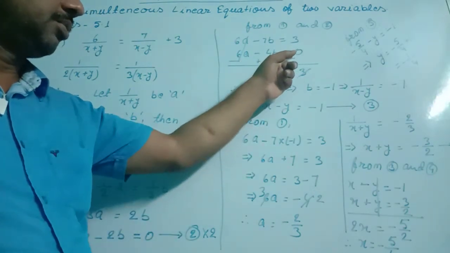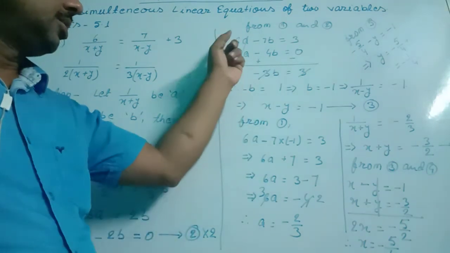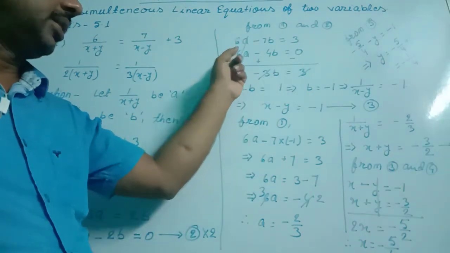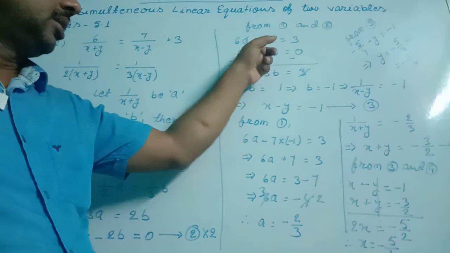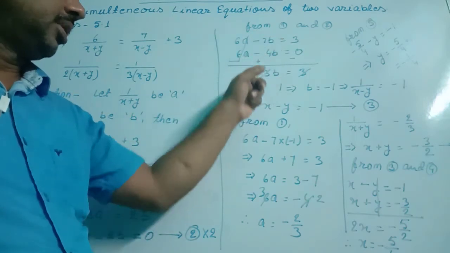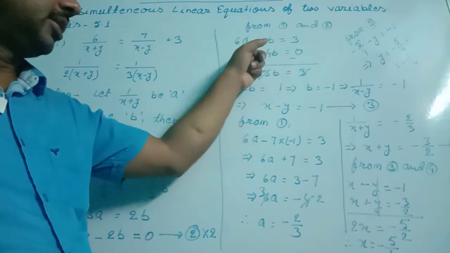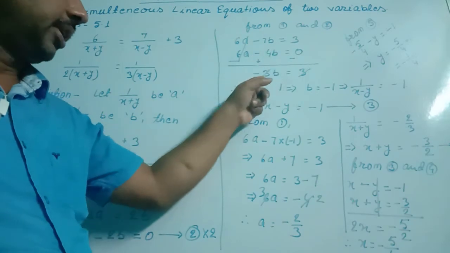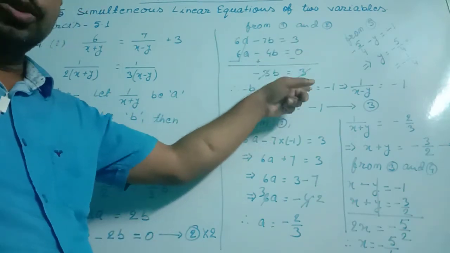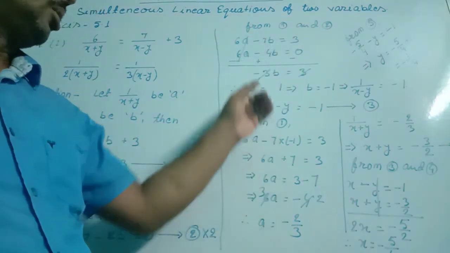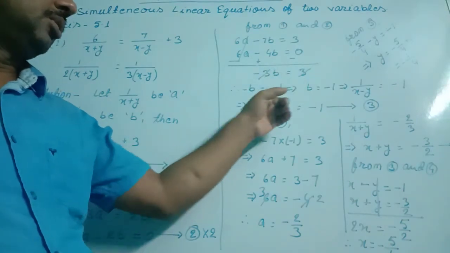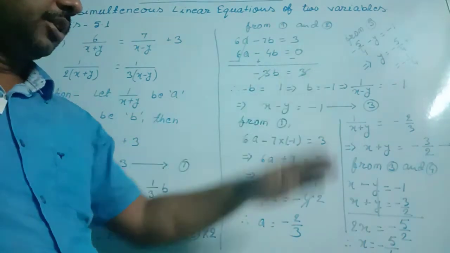Now plus 6a minus 6a cancelled. Minus 7b plus 4b equal to minus 3b. 3 minus 0 equal to 3. 3 cancelled, so minus b equal to 1, or b equal to minus 1.